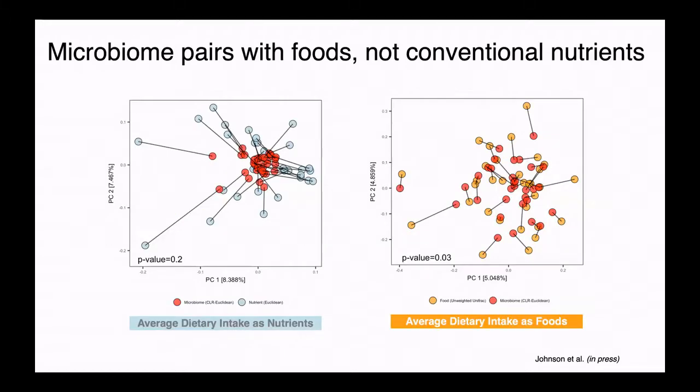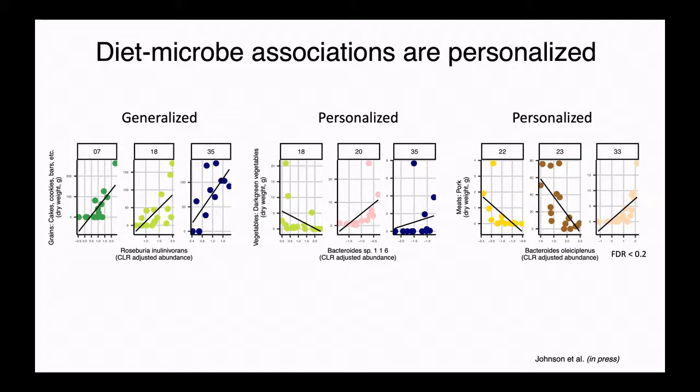So remember, these were one point per person. This is the person's average diet collapsed across all 17 days, average microbiome collapsed across all 17 days. We were able to zoom in and look at the actual diet-microbiome associations in each person over time. So as you're changing this food, what's happening to the microbes in your own microbiome?